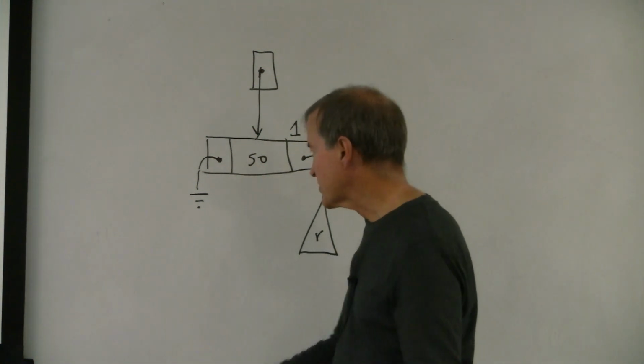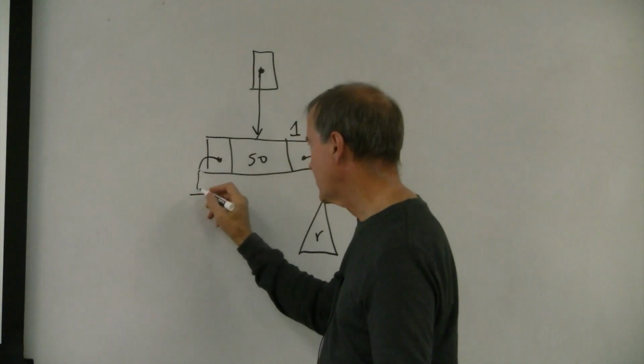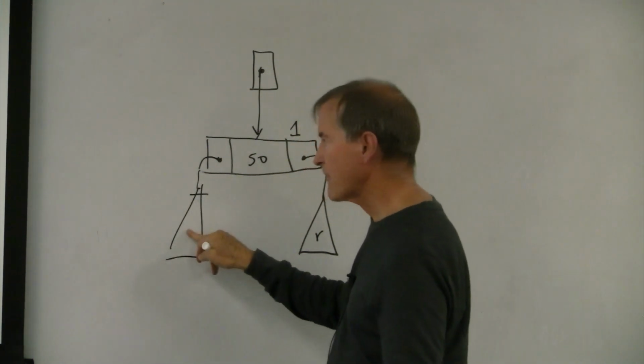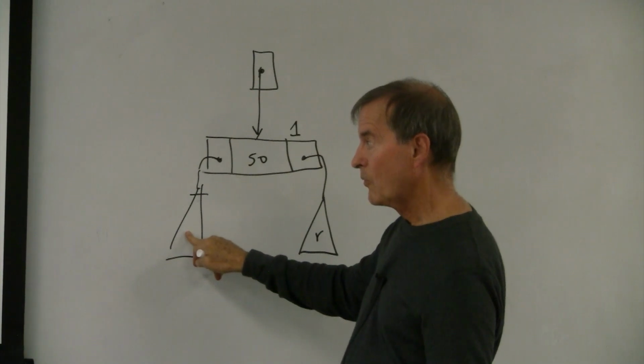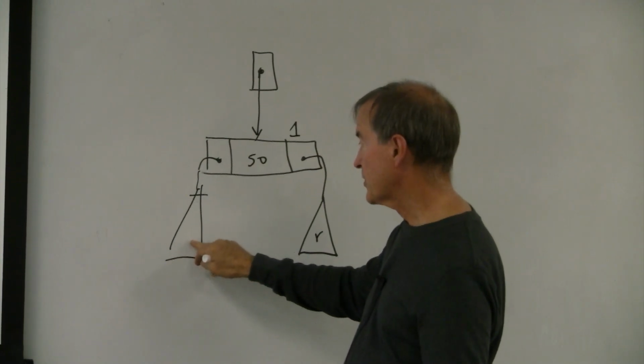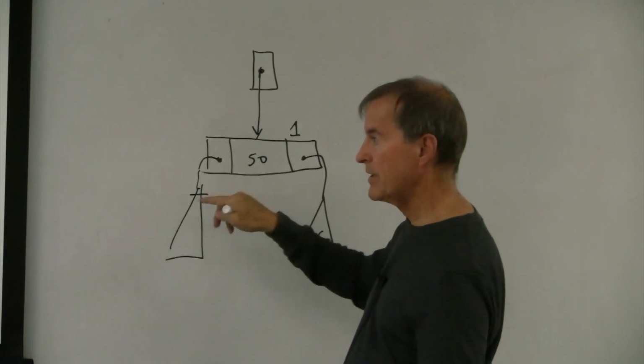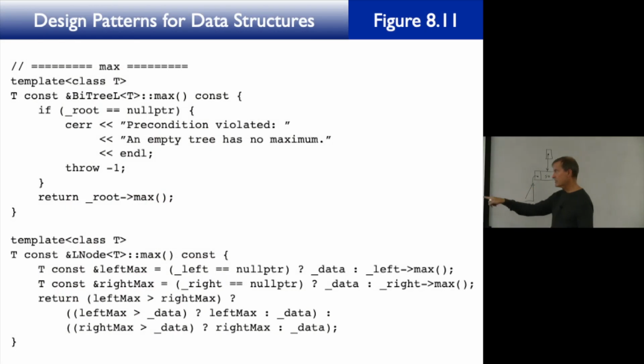But if there is a tree, if this is non-empty, if this does have a max, then we're calling it recursively and returning the max of this to be left max. You see, this is calling underscore left arrow max recursively. Basically we're saying, if this is empty, then the max is just this one. If it's not empty, then the max is the max of this.